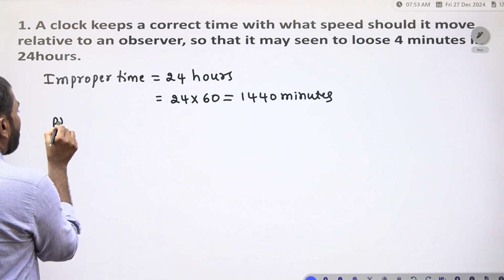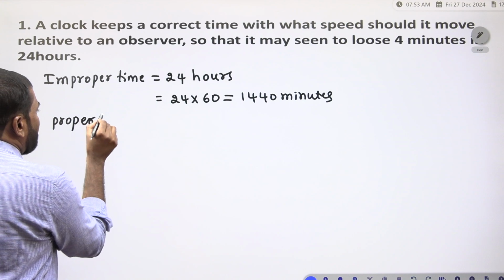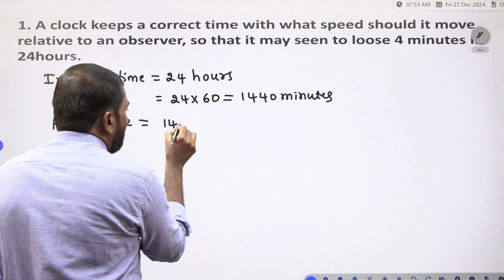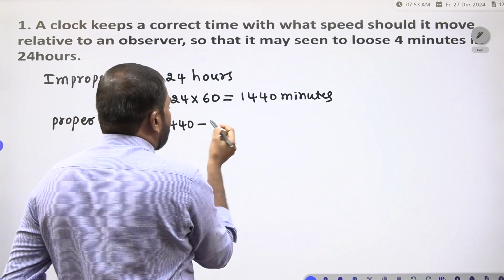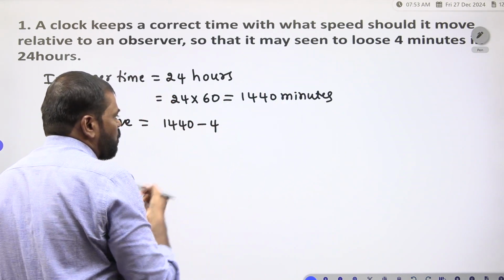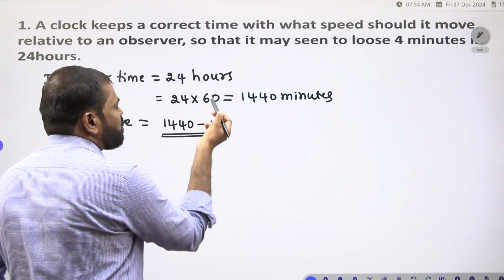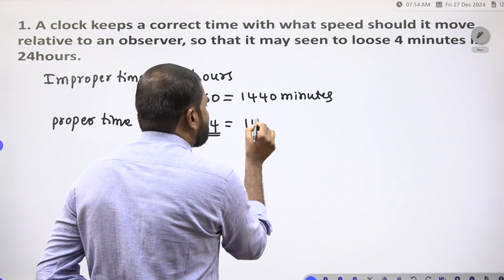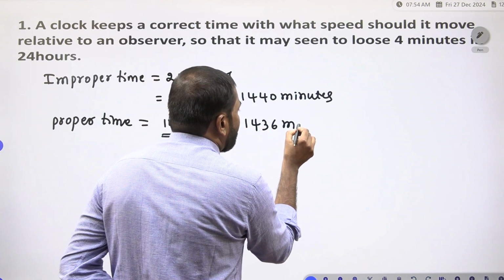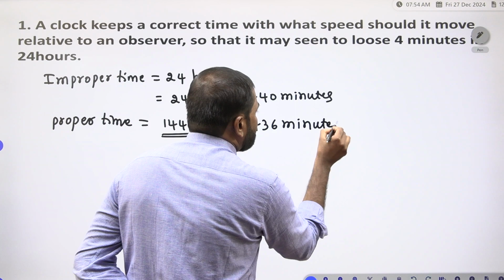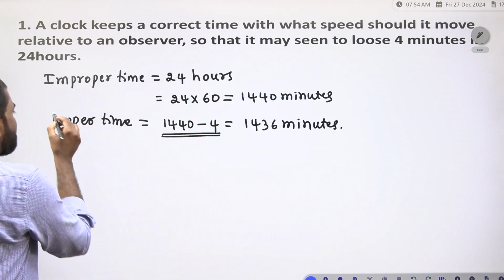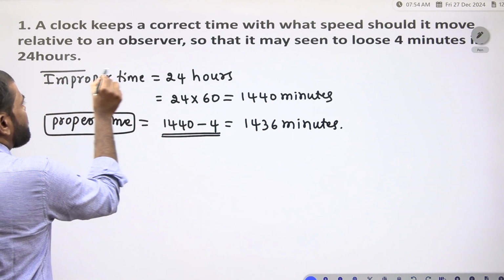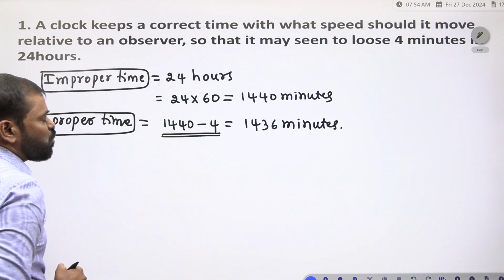The proper time is less than that time. Within 1440 minutes, it is losing 4 minutes. 1440 minus 4 is equal to 1436 minutes. This is the proper time: proper time is equal to 1436 minutes, and improper time is equal to 24 hours.